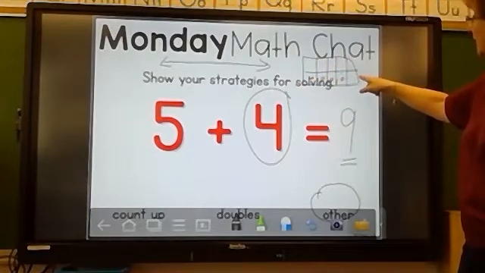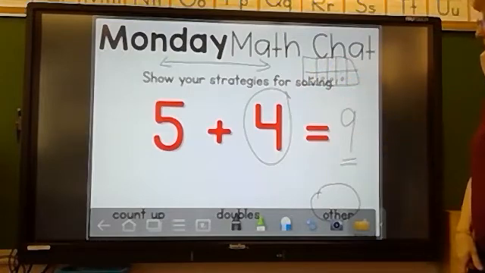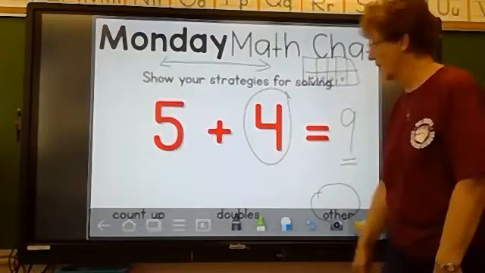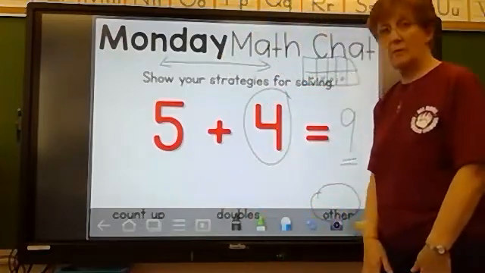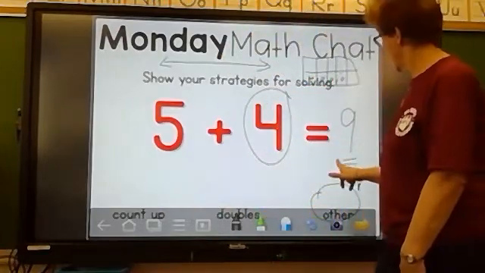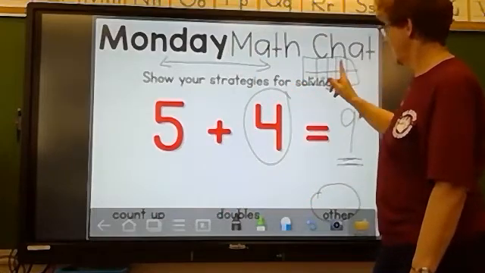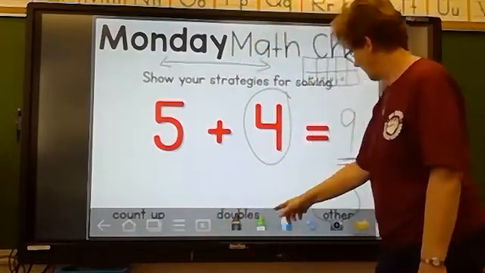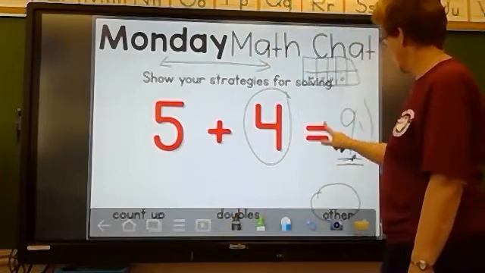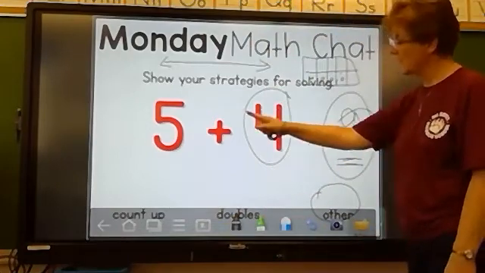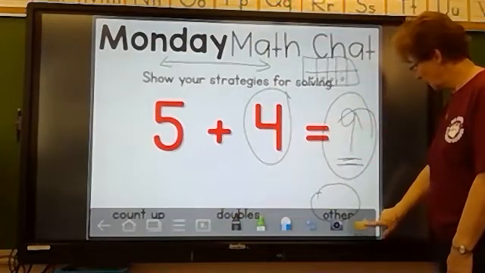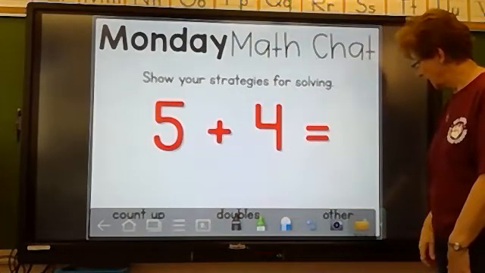So 1 less than 10 would be 9. 5 plus 4 equals 9. Regardless of which strategy you used, whichever one worked for you, the sum that we got using number line, 10 frame, count up, doubles, we all came to the same conclusion, that 5 plus 4 equals 9. Good job.